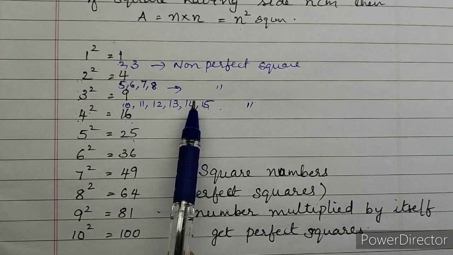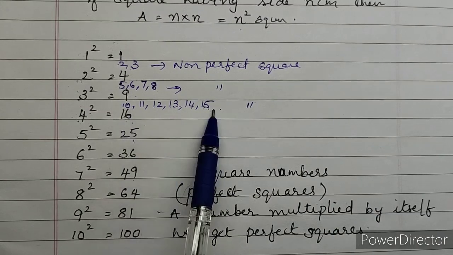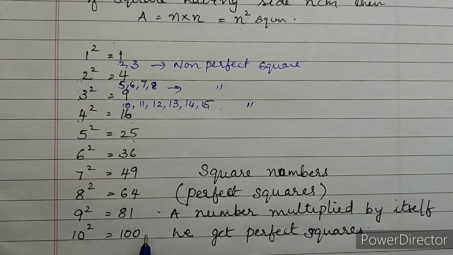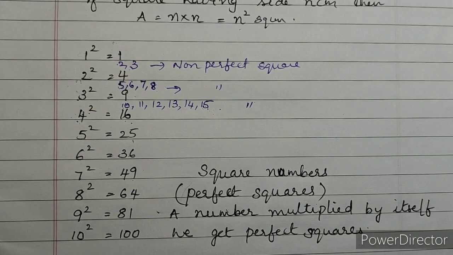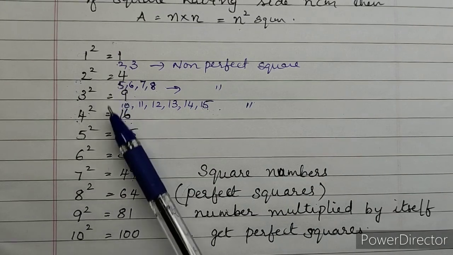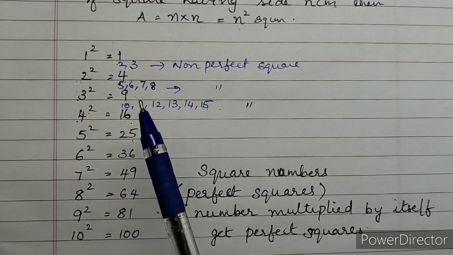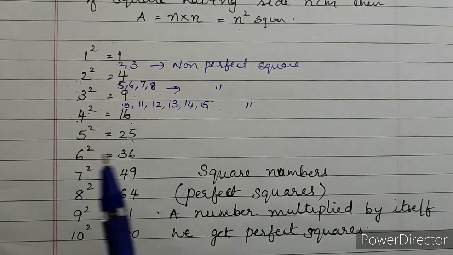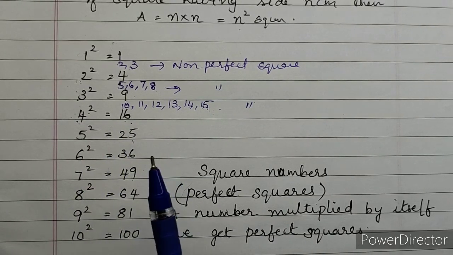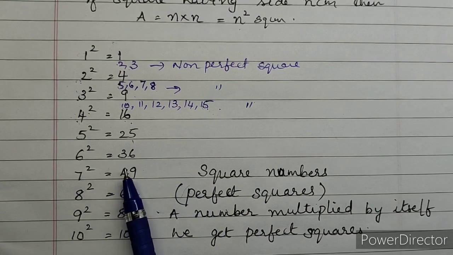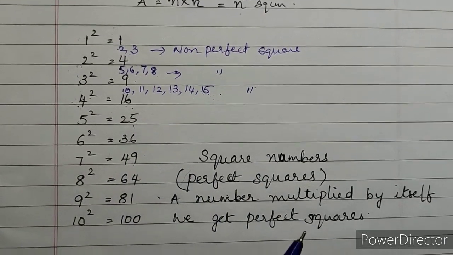The number of non-perfect squares will also be increasing as the numbers increase. Do you think a fixed number of non-perfect squares exists between two consecutive perfect squares? We'll see that next, in the next topic.